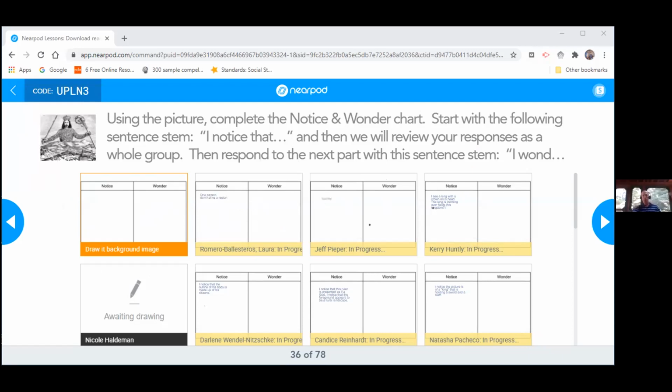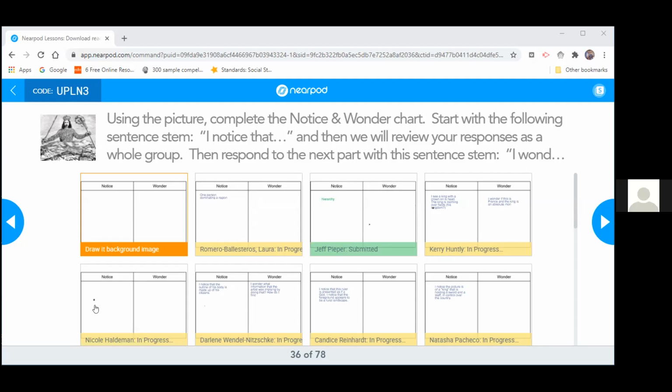Holly, can you put the template that I created for the notice and wonder? All you have to do is go in and put a new picture in. Just did. Awesome, it's in the chat for anybody. I created just a blank template that you could use with your students. All you have to do is add a picture in there. Steve, can you add this to our drive?